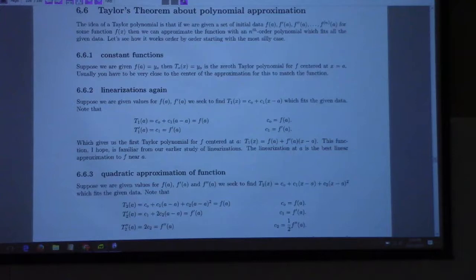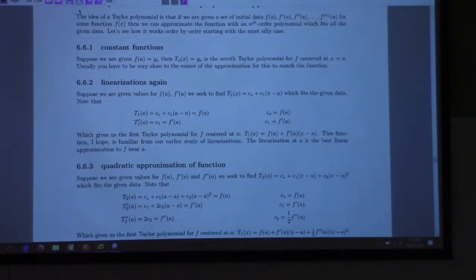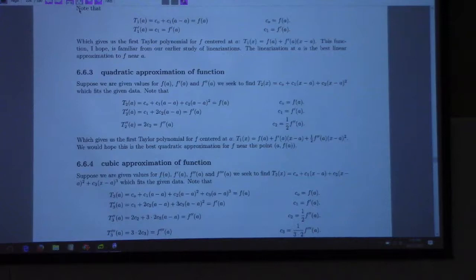And then if you want the best quadratic approximation, you just keep doing this. We want the quadratic to match the function at the value, its first derivative and its second derivative.